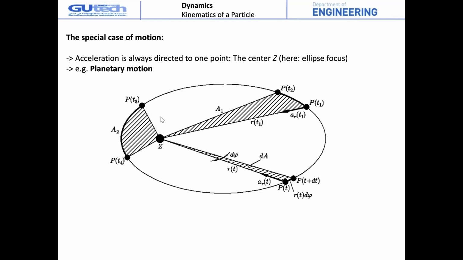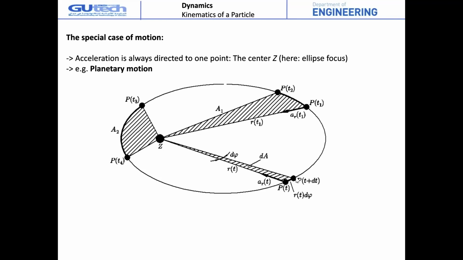If we take the special case of motion where the acceleration is always directed to one point, and the center is the elliptic focus, for example planetary motion, then we have times t1, t2, t3, t4.